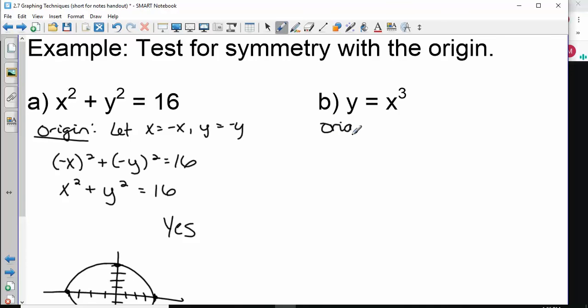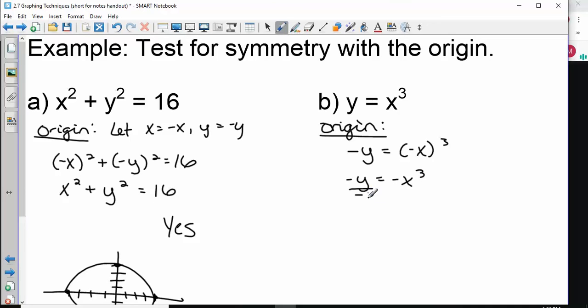Alright, this one. If I want to check symmetry to the origin, we make both our x and our y negative. If you cube a negative, what does it become? A negative. Okay, that's not what I started with. Can I make it what I started with? How?